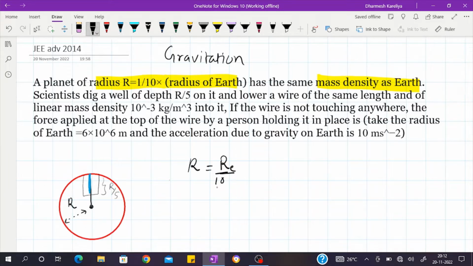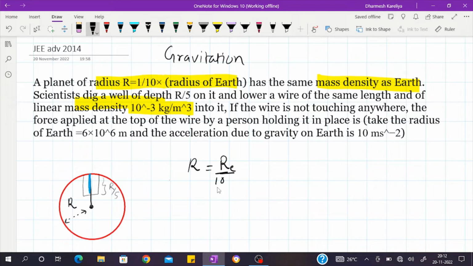The linear mass density of the wire is given as 10 raised to minus 3 kilogram per meter. The wire is not touching anywhere, fine. The force applied at the top of the wire by a person holding it in place is... So now we have to find the force applied by a person holding it.